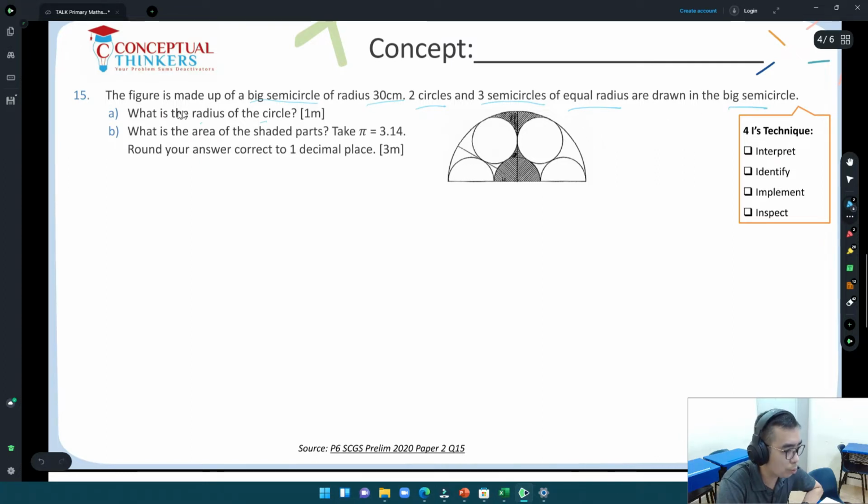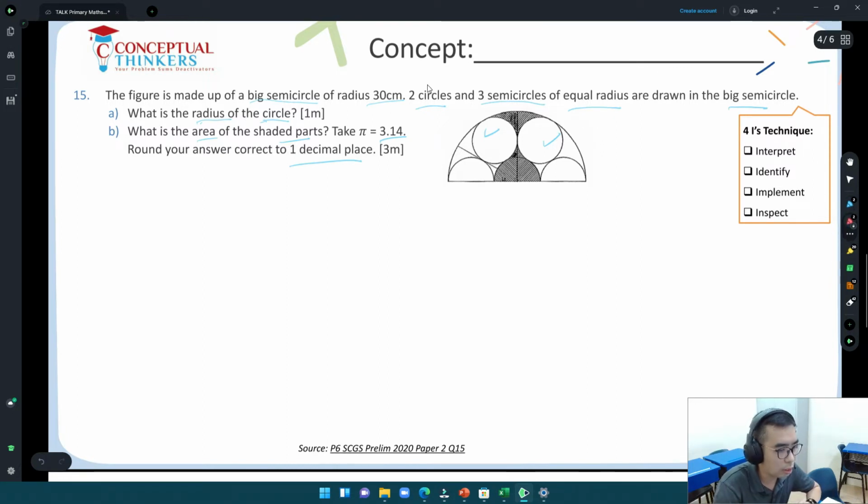We need to find the radius of the circle, which is these two circles. Then we also need to find the shaded area, and be careful, we need to round off to one decimal place. And you have to take pi as 3.14.